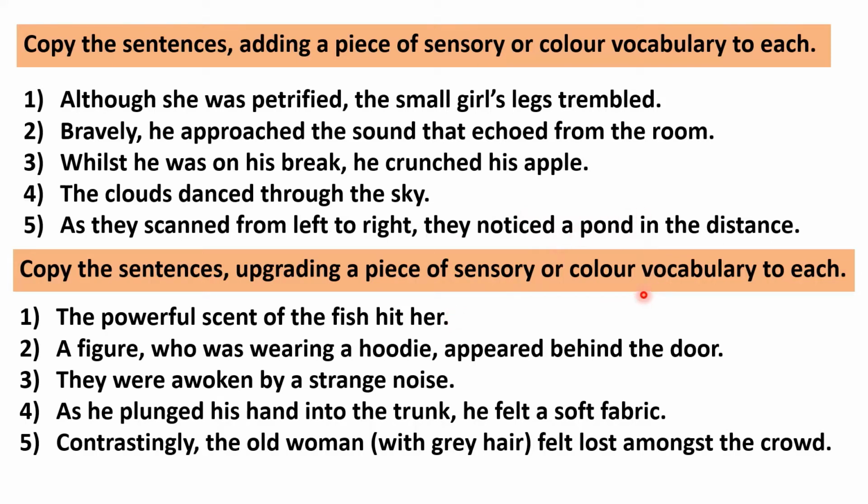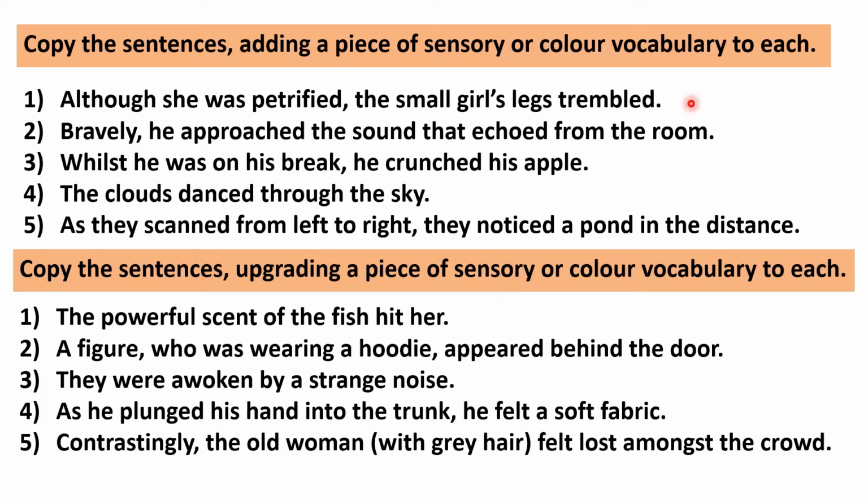Pause the video and complete that task now, please. Okay, if you're back, that means you now have 10 sentences that use sensory and colour vocabulary effectively, and I will check those when you submit your work.